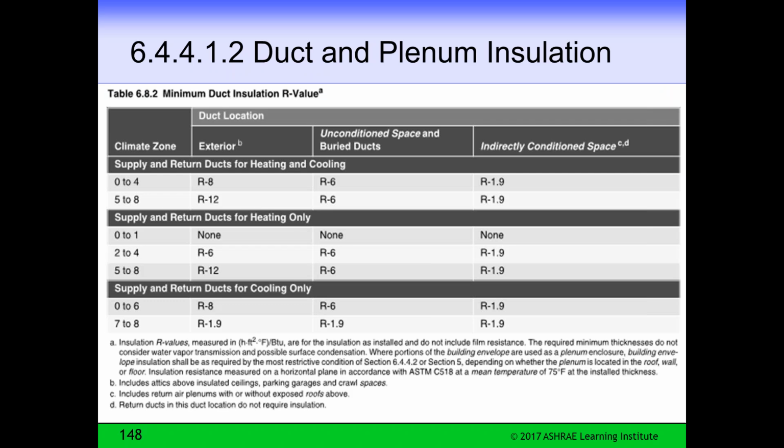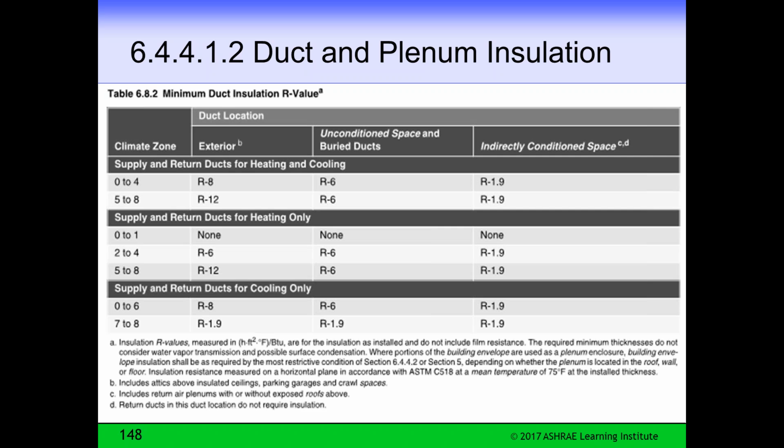Duct and plenum insulation. We have minimum requirements for duct and plenum insulation in the code. This is the table from the code. You can see it's by climate zone, so we're looking at where you'd normally be heating and cooling, and then it's by supply and return ducts for heating and cooling, supply and return ducts for heating only, and supply and return ducts for cooling only.